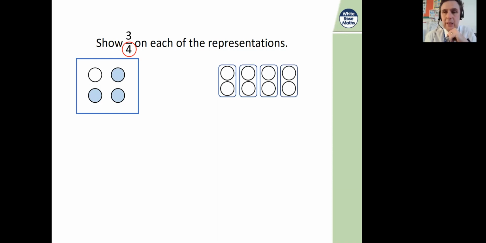And how many equal parts do I need to represent? 3 out of 4. Well, there we go. I can represent 3 of the 4 equal parts there. How many circles did I shade altogether? Well, altogether, I had 8 circles, and I shaded in 6 of them. 6 out of 8. It's the same as 3/4.